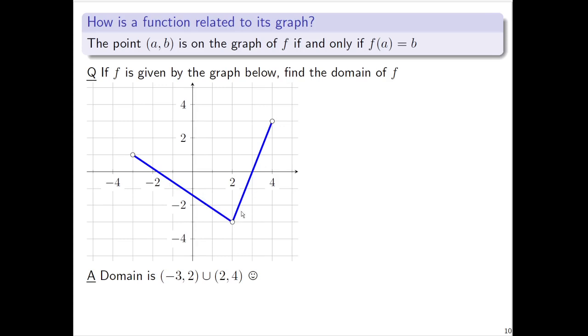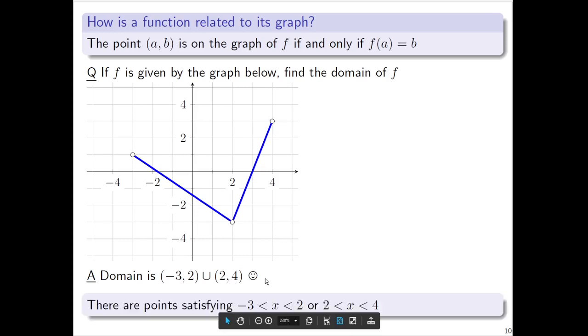So all of these points in blue are included. We just don't have a point where the x-coordinate is exactly 2 or exactly 4, but we have all the x values between 2 and 4. Okay, so just to clarify again, there are points in this graph where the x-coordinate satisfies either x being between -3 and 2 or x being between 2 and 4.